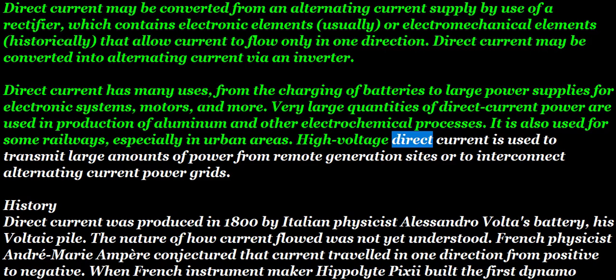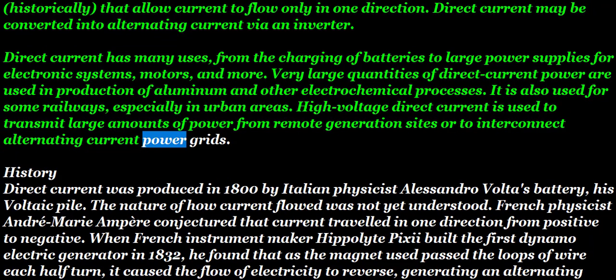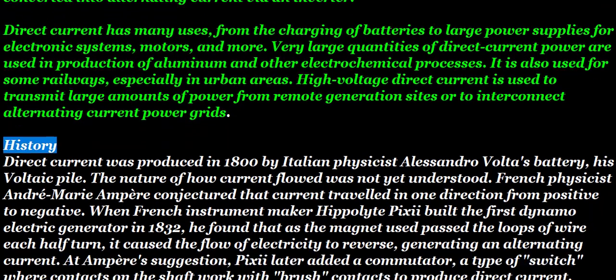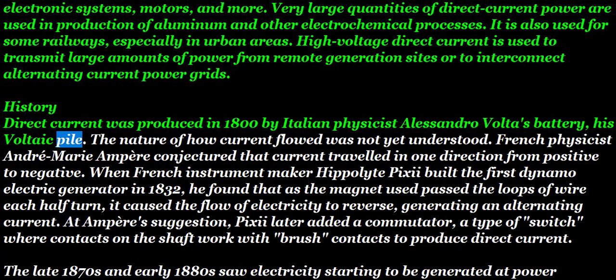High voltage direct current is used to transmit large amounts of power from remote generation sites or to interconnect alternating current power grids.